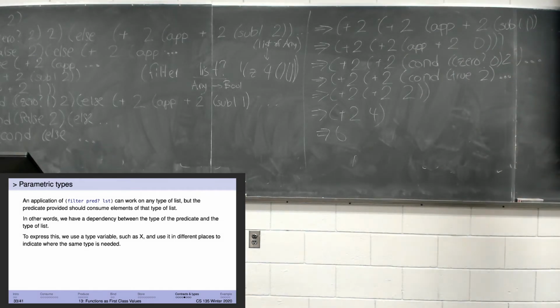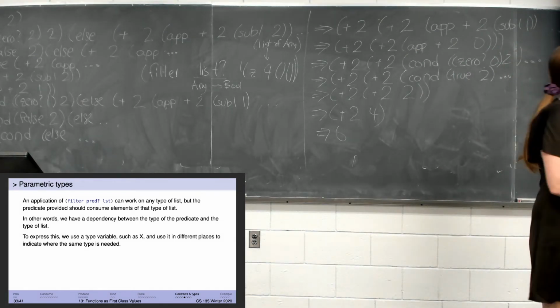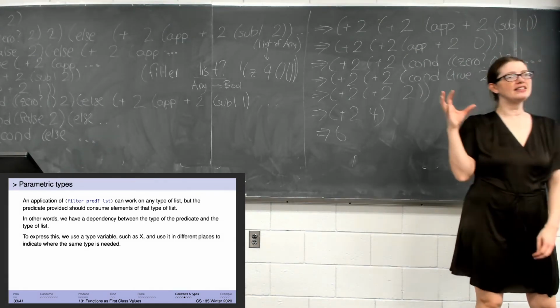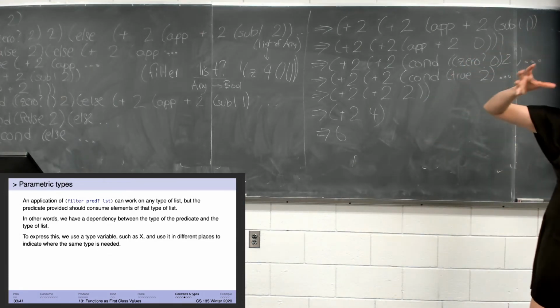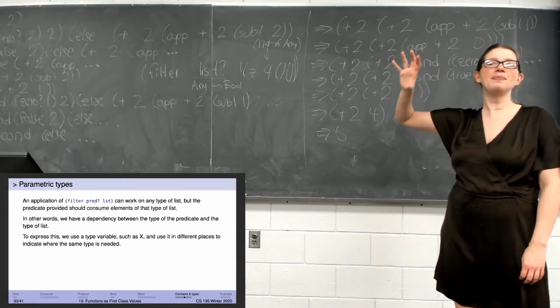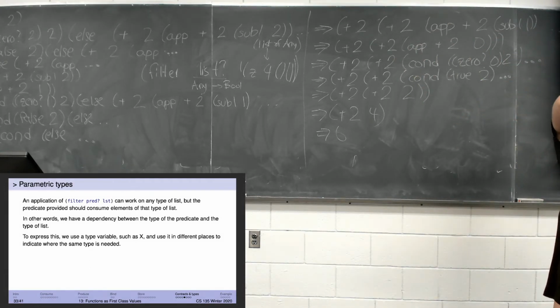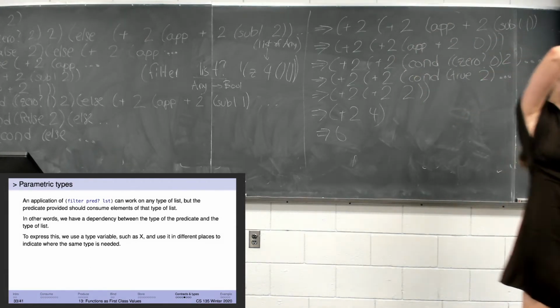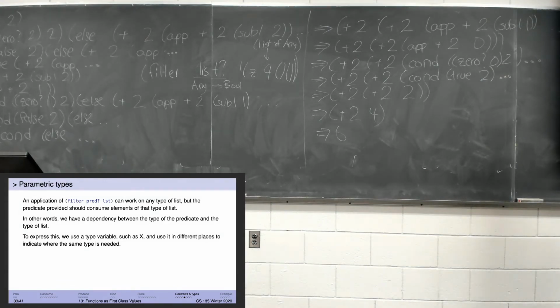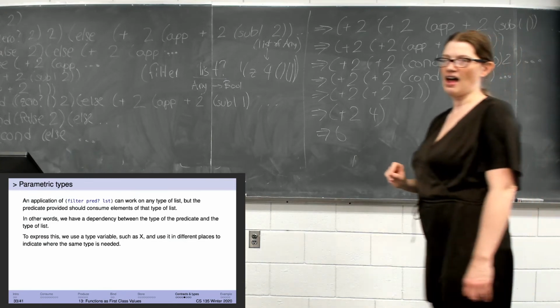What's going to happen is I want to reflect the fact that the predicate needs to consume something that has the same type as the contents of the list. And the list that is produced by the function has the same type of thing that the input list had.